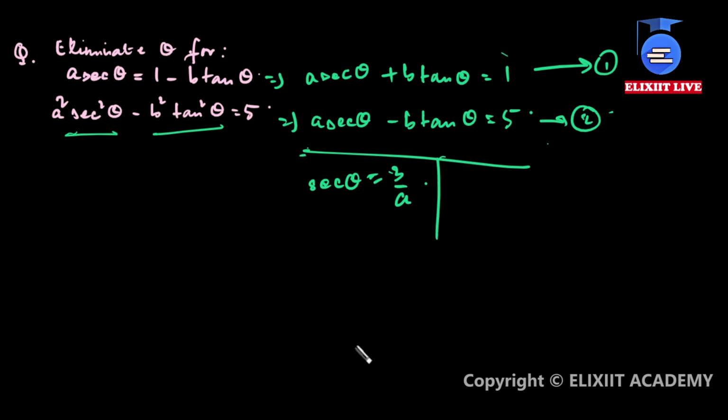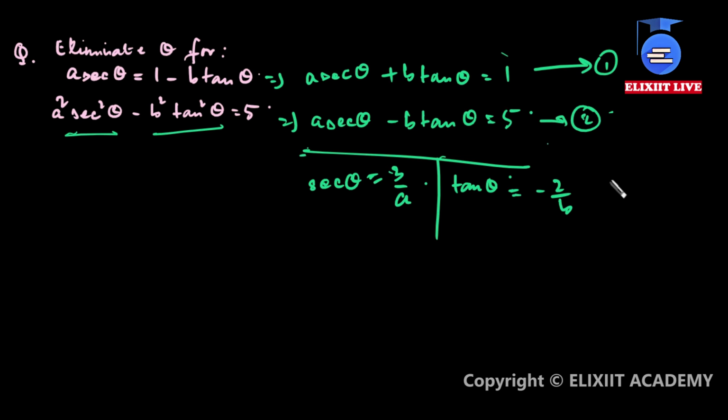Similarly, subtract these two and you will get tan theta from here. What is tan theta? Do 1 minus 2. Tan theta will be minus 2 by b, isn't it?